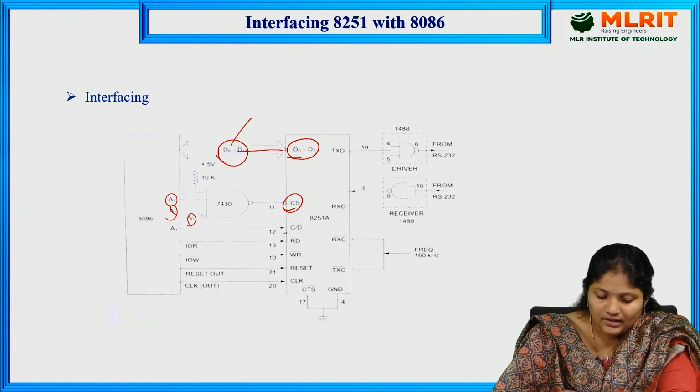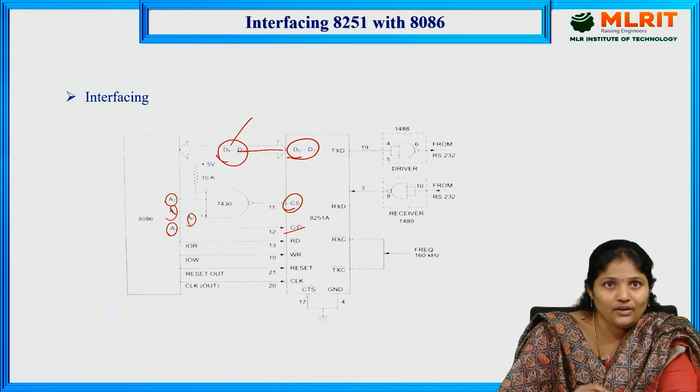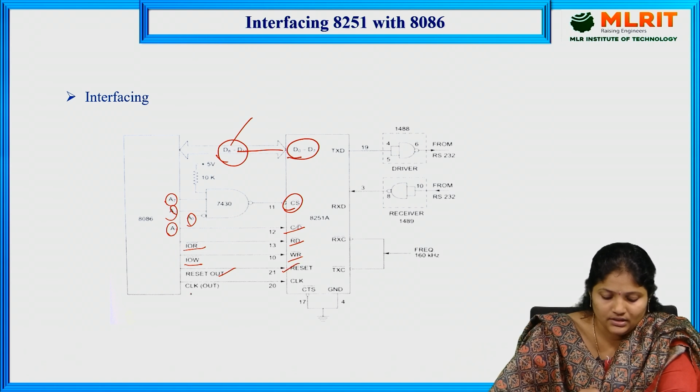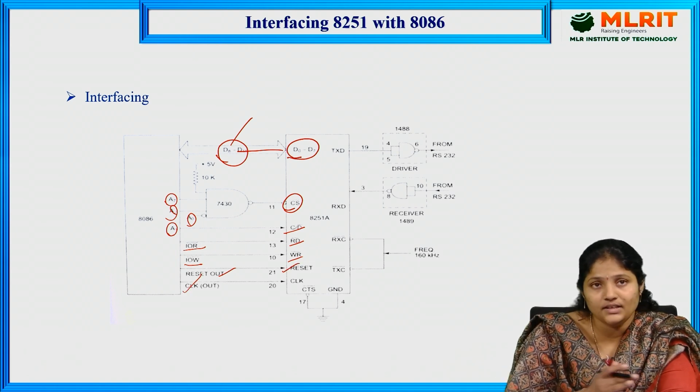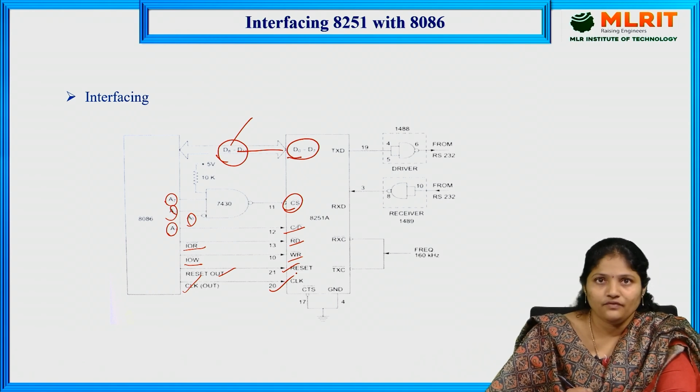The control or data line will be given to A1 of the address lines of 8086, and IO read and IO write will be connected to the RD and WR signals. Reset will be linked to reset. The clock output of 8086 will be given as the input to the clock of the 8251 controller.